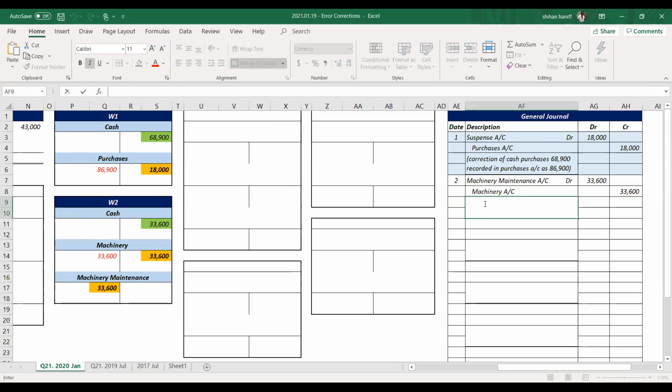Then we can write correction of machinery maintenance 33,600 recorded in machinery account. Correction of machinery maintenance recorded in machinery account. Number 2.